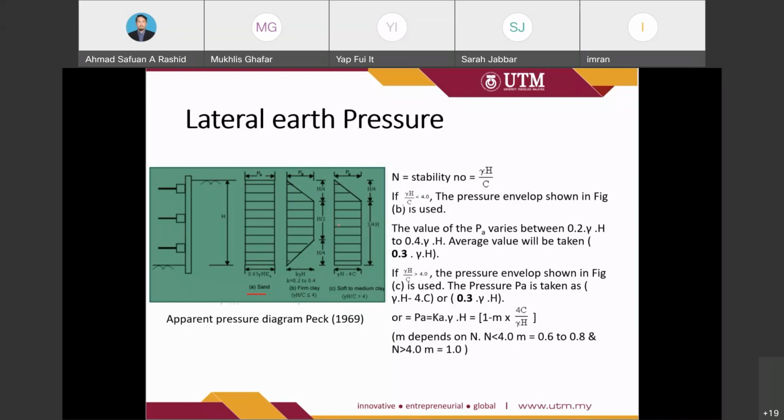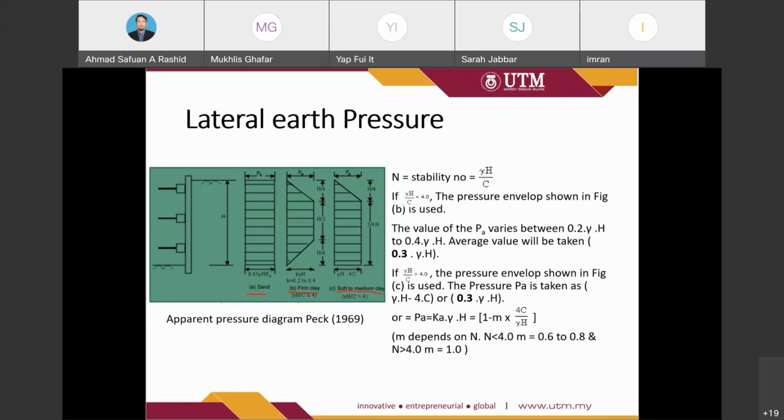If the value is less than 4, we may consider it a firm clay, and the apparent pressure diagram is similar to B. If greater than 4, we may assume it is a soft to medium clay, and the diagram is similar to C.